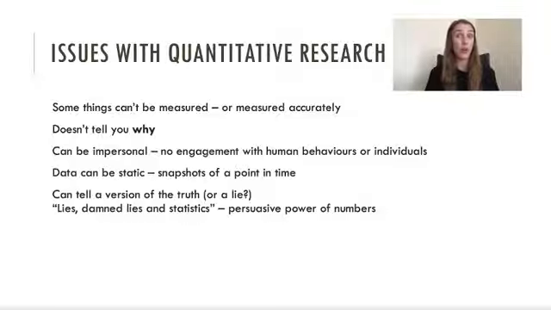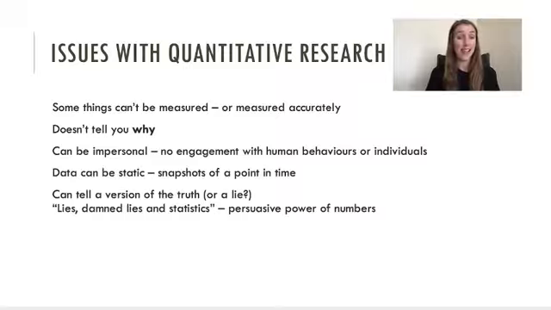It just tells you what's out there, right? What the data says. It can be impersonal. We take human behavior and we turn it into numbers, right? We probably lose a little bit of the unique human experience this way. And this is why we'll talk about qualitative data as well. That's the second part of this talk here today.